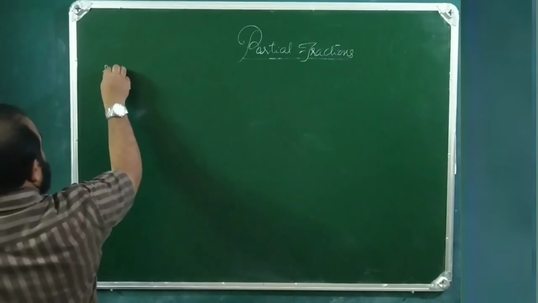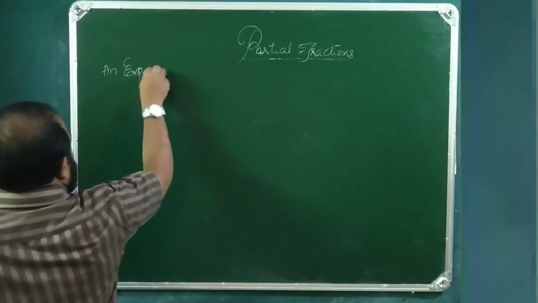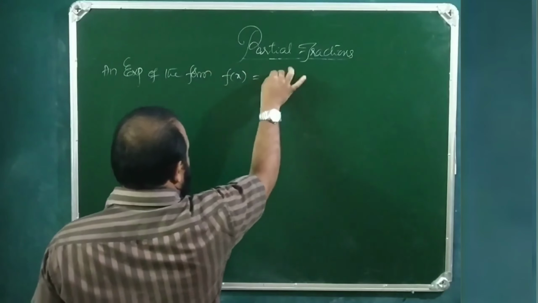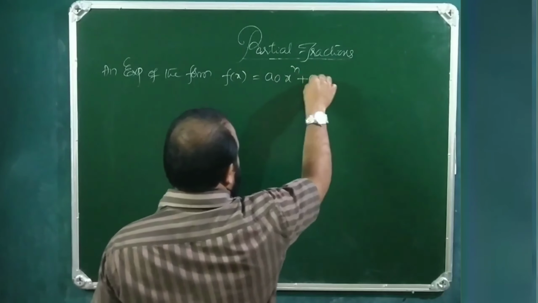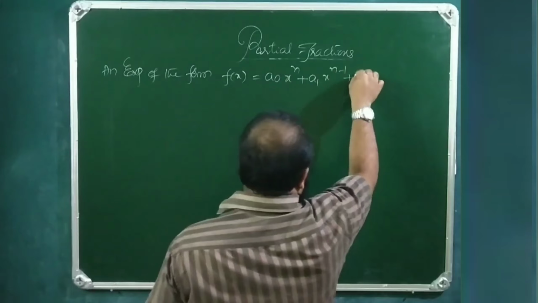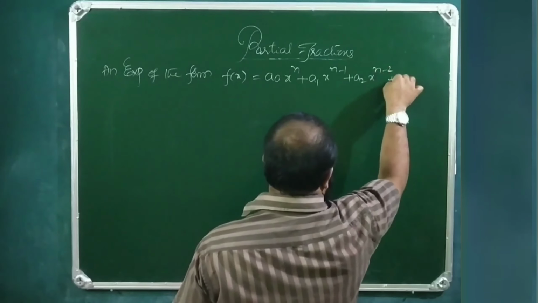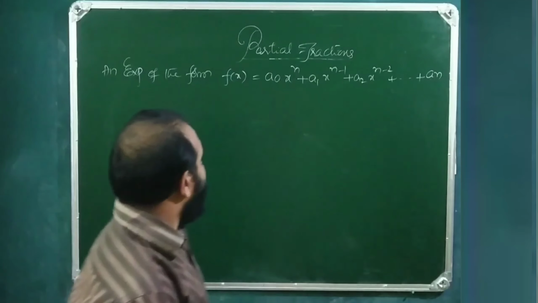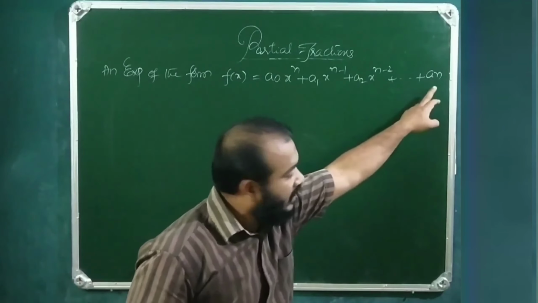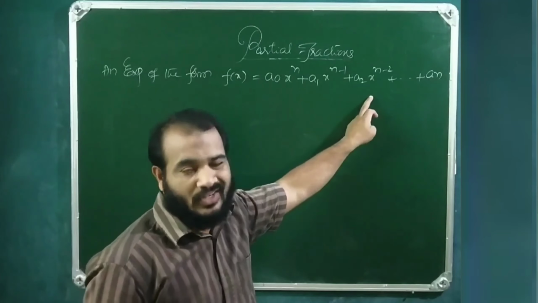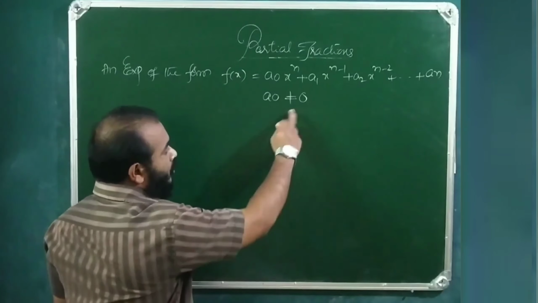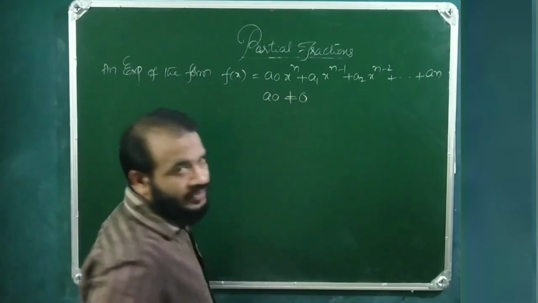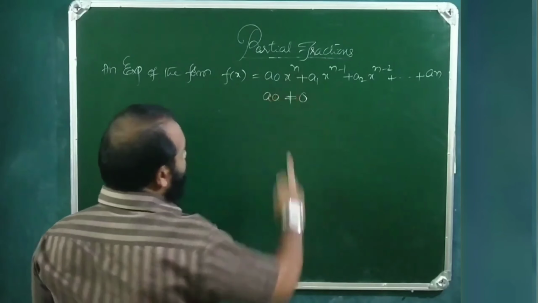So an expression of the form f of x is equal to a0 x power n plus a1 x power n minus 1 plus a2 x power n minus 2 plus etc. plus an, where a0, a1, a2, etc. an are said to be coefficients which are real numbers, a0 not equal to 0, is called a polynomial in x, where n is said to be the degree.